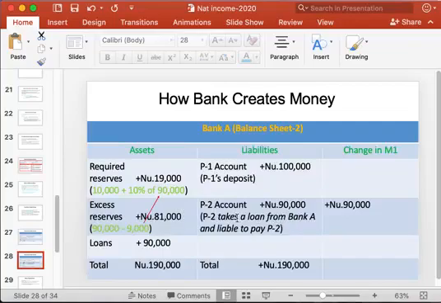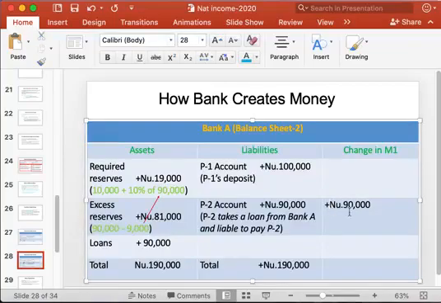So when you provide a loan of 90,000 Newton to this person P2, you are actually adding a sum of 90,000 Newton in the economy, and because of that there is a change in M1.